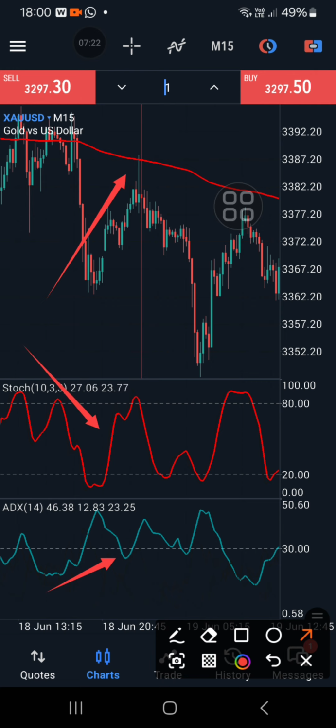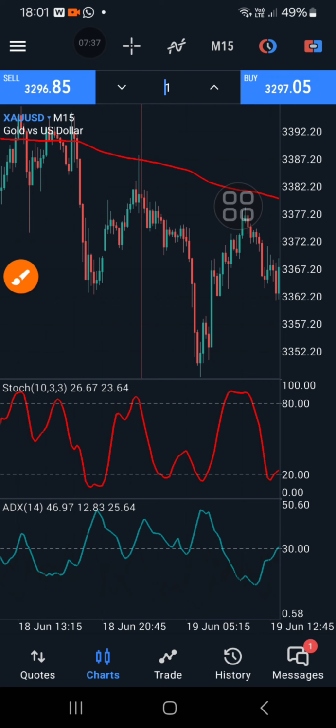It moves very fast, and sometimes it gives a lot of false signals. So to eliminate false signals, or where we have weak signals, or where the trend is weak, we're going to make use of the ADX. Then for our entry, we'll make use of the stochastic.